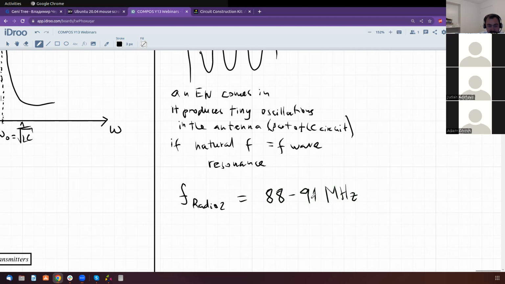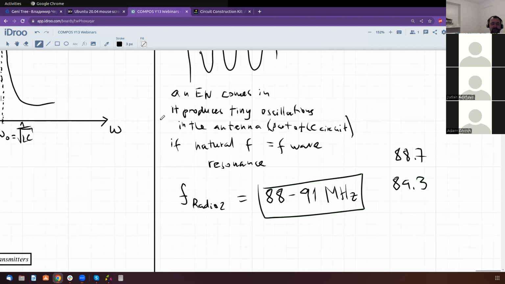It doesn't mean that every single frequency in that range is BBC Radio 2. In different regions, different parts of the UK, you have different frequency. At least that's how I understand it, because in other countries, they tell you exactly. For example, Radio 1 is 88.7. Radio 2 is 89.3. They tell you exactly. So I'm not sure why they give this range for Radio 2. It would be interesting to find out.